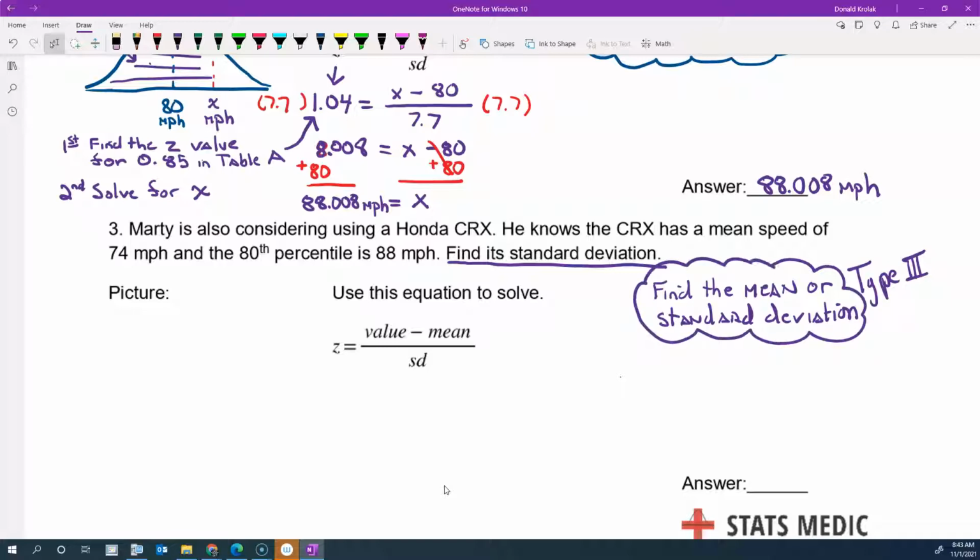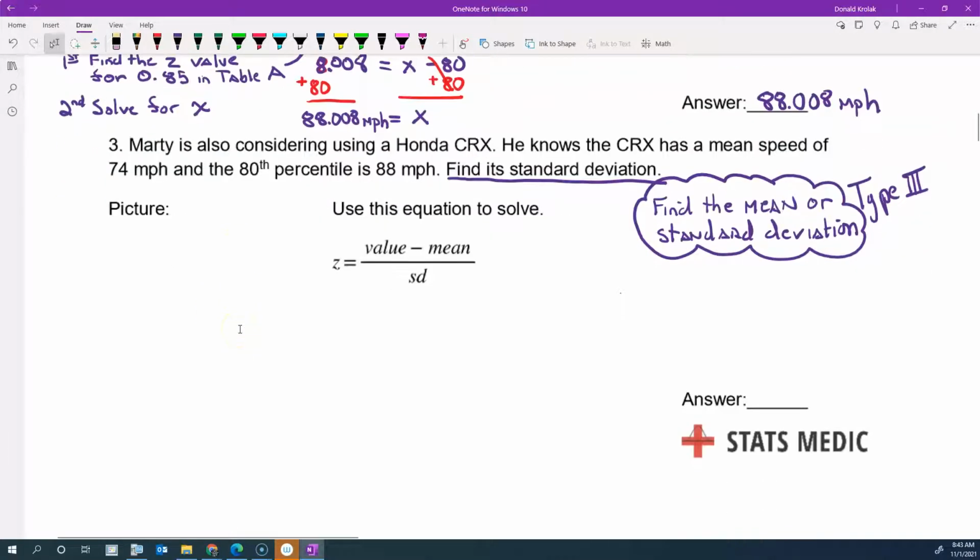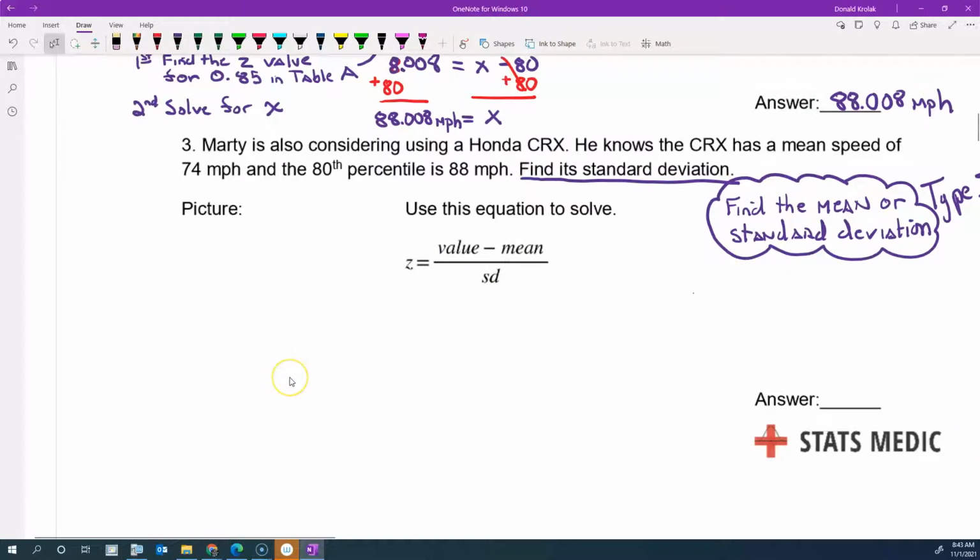So type 3. Okay, so let's see what we got here.